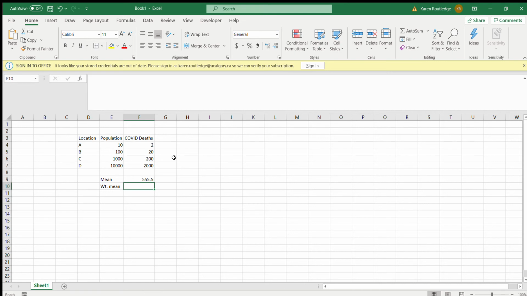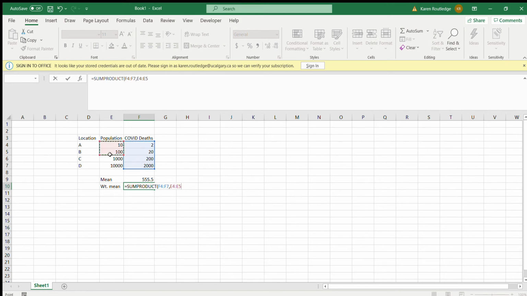examples we've been doing. So we do this, or at least we do this quickly, using the SUMPRODUCT function. So we highlight the things that we want, our actual values, comma, highlight the weights, and this is a shortcut for this times this, plus this times this, plus this times this, plus this times this.